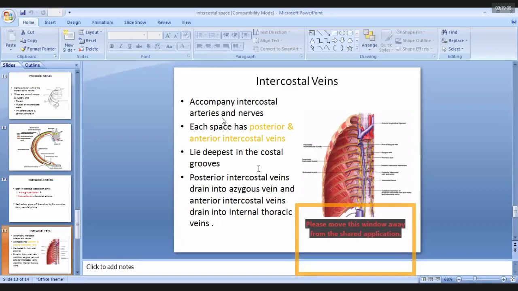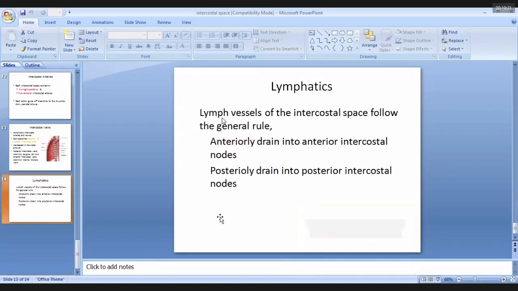The posterior intercostal veins drain into the azygos and hemiazygos venous system, while the anterior intercostal veins drain into the internal thoracic vein because they correspond to the intercostal arteries. So from where the intercostal arteries arise, ultimately the veins drain into their main venous channels.